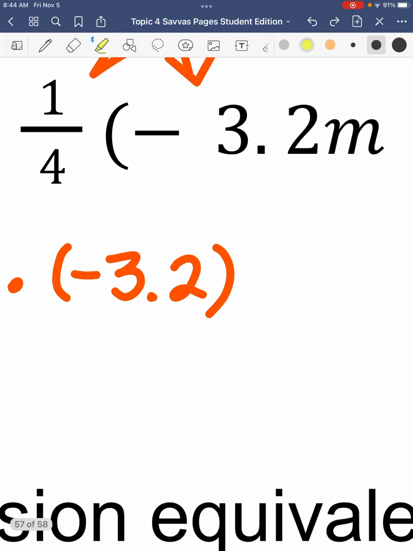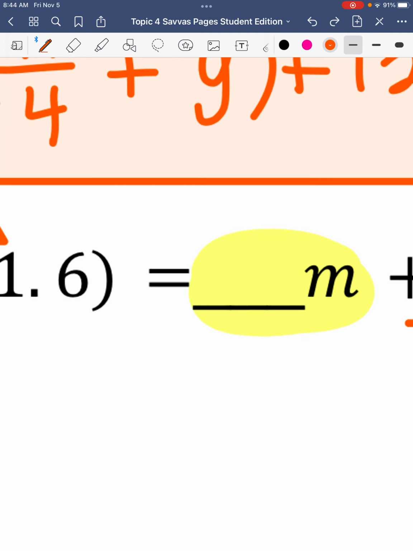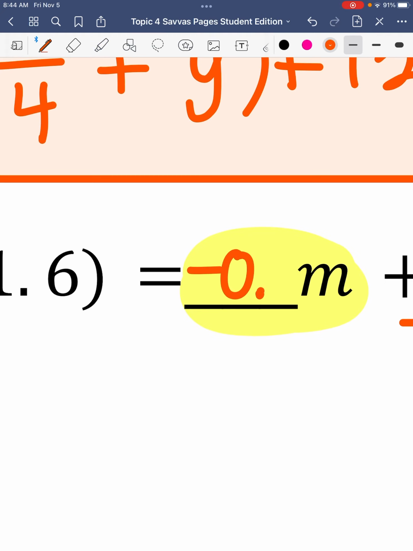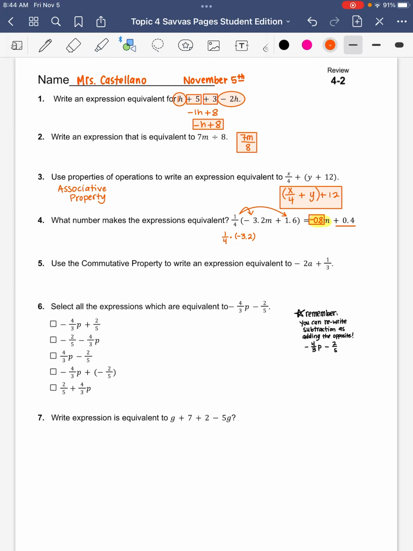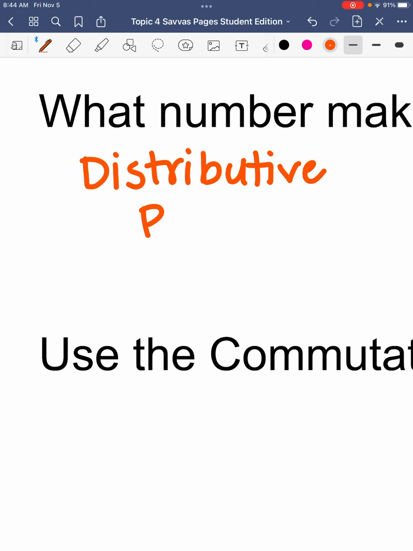And when you do put that into your calculator, you will get negative 0.8. So that right there is our answer, negative 0.8. Okay, and that property that we just applied was the distributive property.